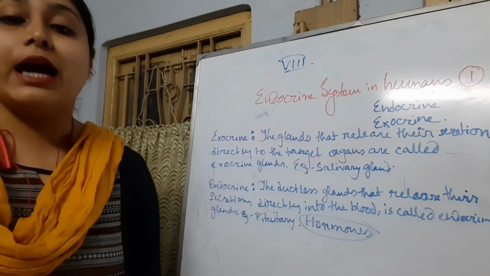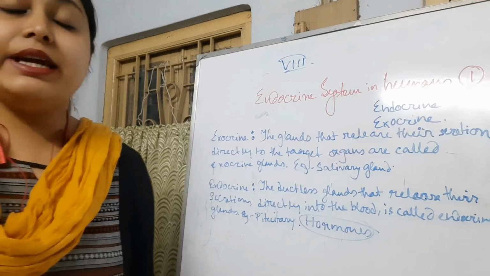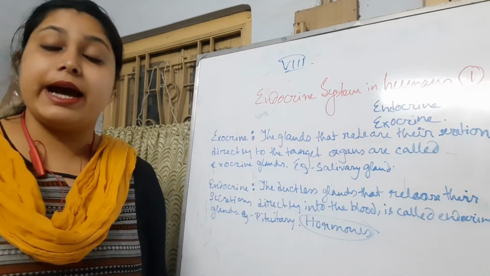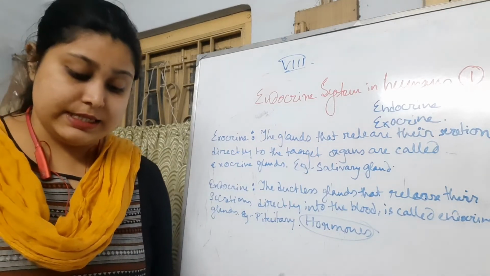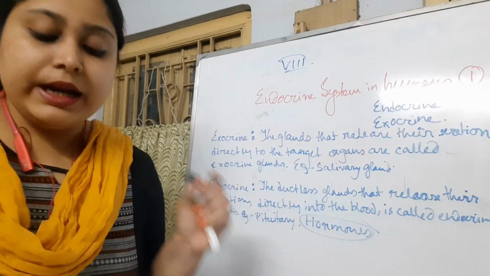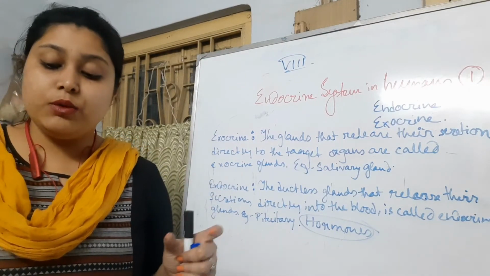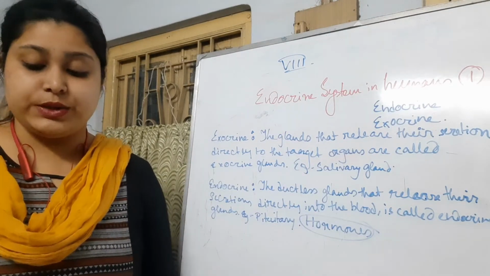This is the main idea of the hormone. There are many kinds of endocrine glands, like pituitary, thyroid gland, adrenal gland, pancreas, ovaries, testes, etc. The term endocrine is derived from the Greek word: endo means within or inside, and crine means secretion.